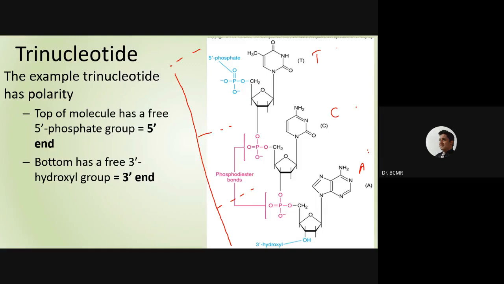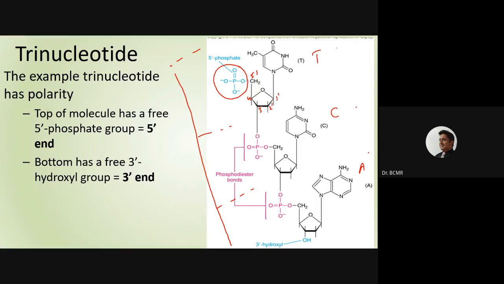What you have to remember, these things will become very crucial for your understanding of the subject itself, is that one end of this single strand of DNA has a free 5' phosphate. Why do you call it 5'? Because this is the 5th carbon on this deoxyribose. This would have been 4, 3, 2, 1.